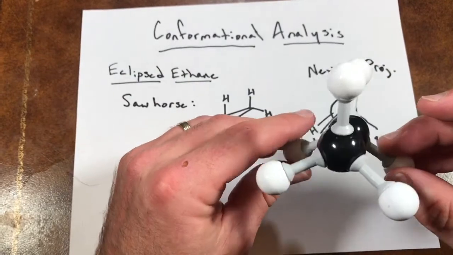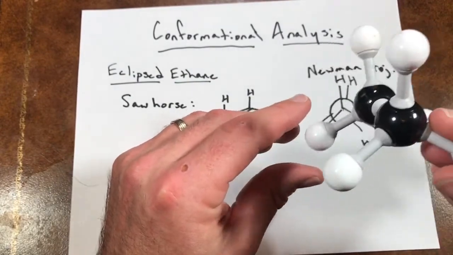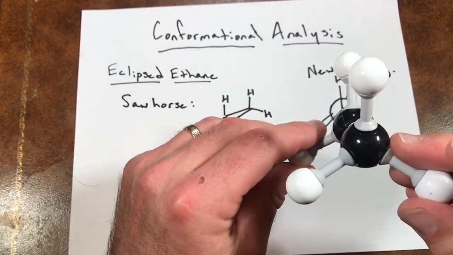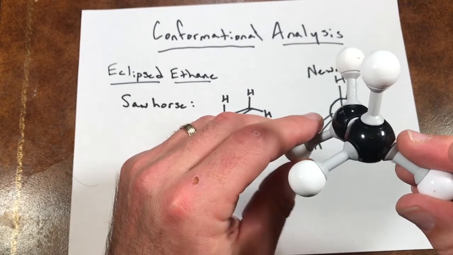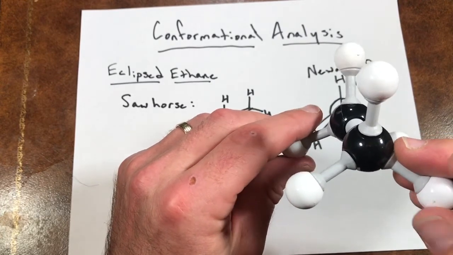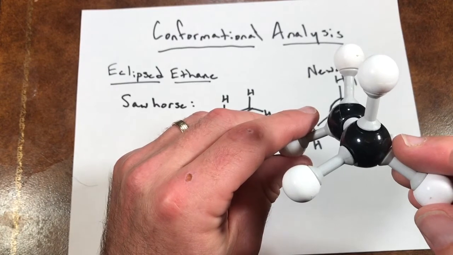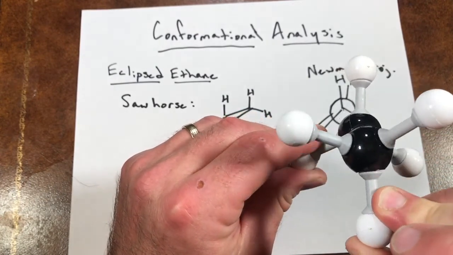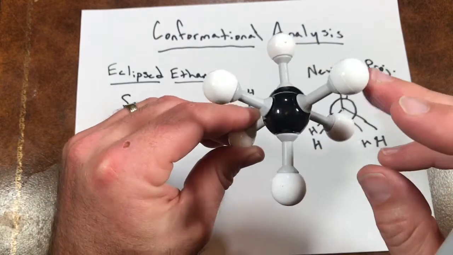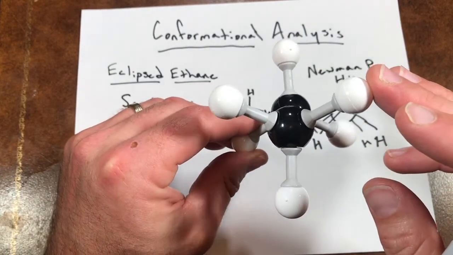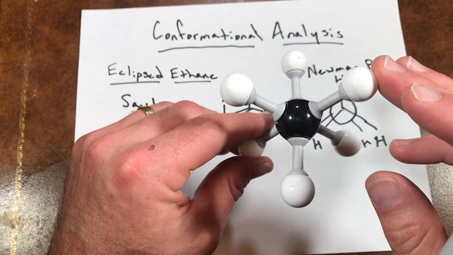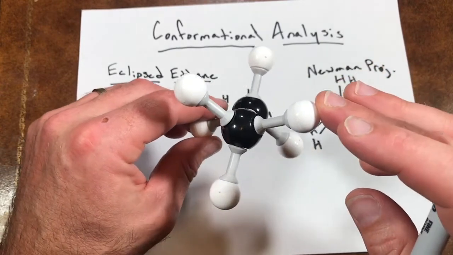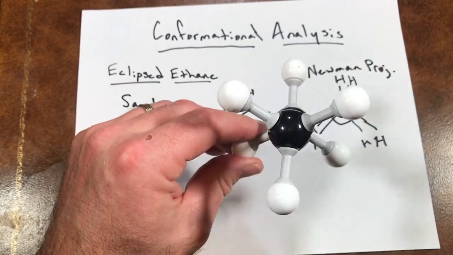With Newman projections, I used to learn to hold one thing constant, and then rotate the other thing. So what we're going to do is keep the back constant, and rotate around to staggered ethane. I'll show you the results of that and what the Newman projection looks like, and also the sawhorse model, in just a second.